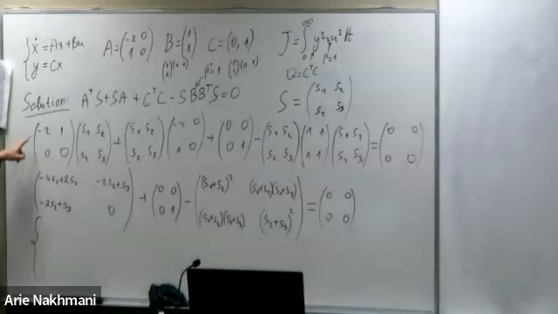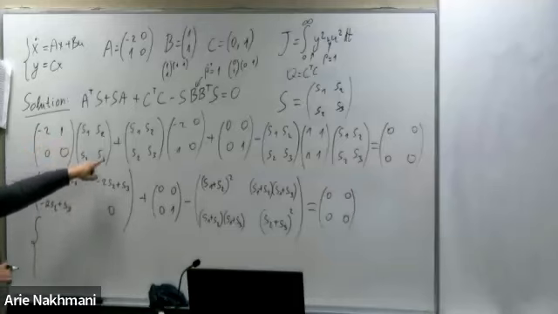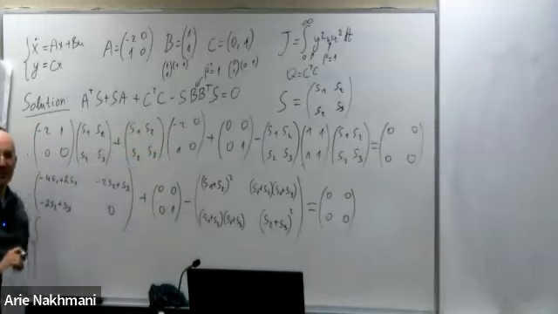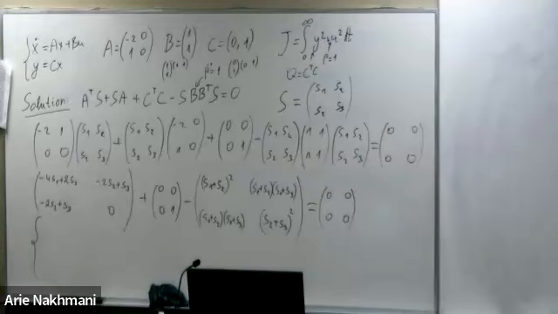Do you understand how I got from this part to this part? It looks like minus 2 times S1 plus 1 times S2, plus S1 times minus 2 plus S2 times 1. Combine them together, you get something like that. And so on for each one of the rows and columns.